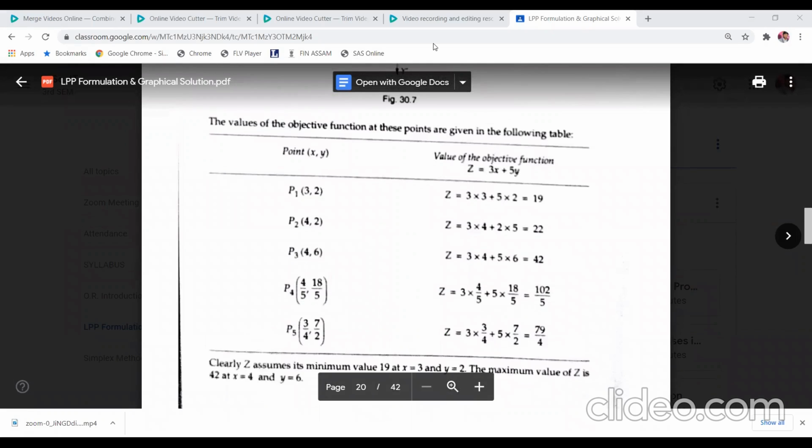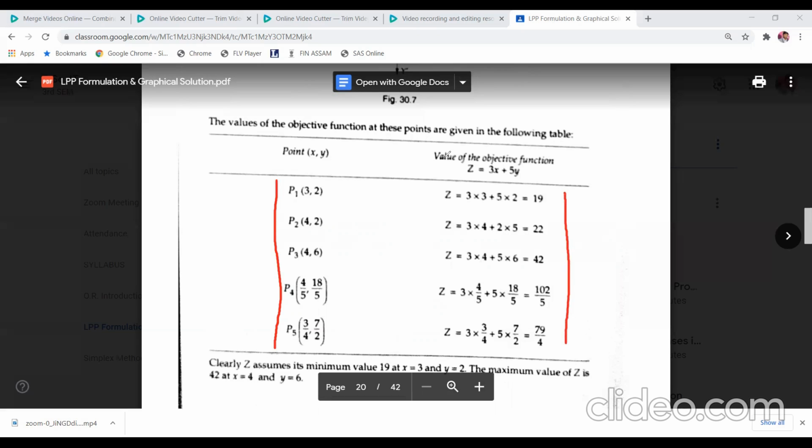These are the 5 corner points. And obviously you know how to find out the corner point. Just check which 2 lines are intersecting. If these 2 lines are intersecting, just solve it, and you'll get the intersecting point. Then we have got accordingly at each point the value of z.